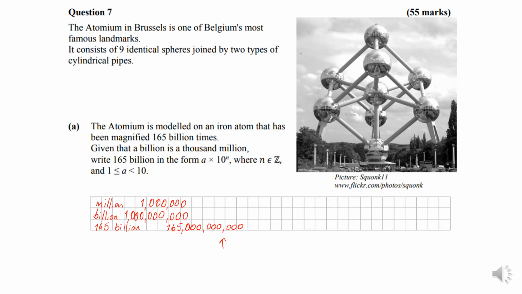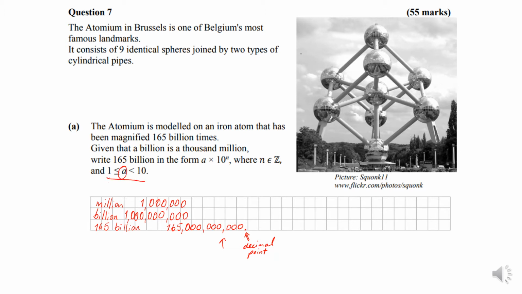Okay, so how do we write that in standard notation? We need to move our decimal point, which is currently at the end of the number. We don't really write it when it's at the end of the number. We have to move it so that we arrive at some number a that is between 1 and 10.